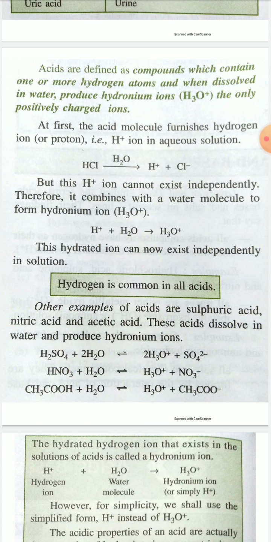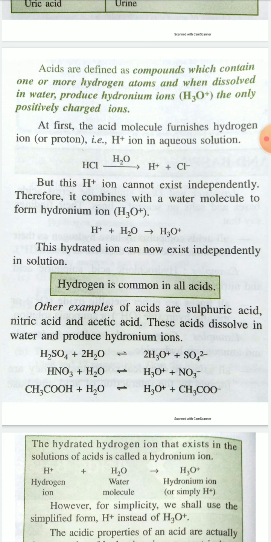For example, HCl, hydrochloric acid, can produce H plus and Cl minus ion in water. The initially formed H plus ion again combines with water molecule to form H3O plus ion. H plus ion cannot exist independently in the solution. That's why it combines with the water molecule to form H3O plus hydronium ion.